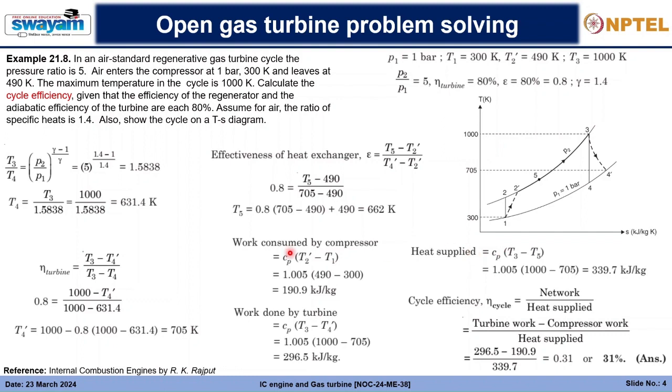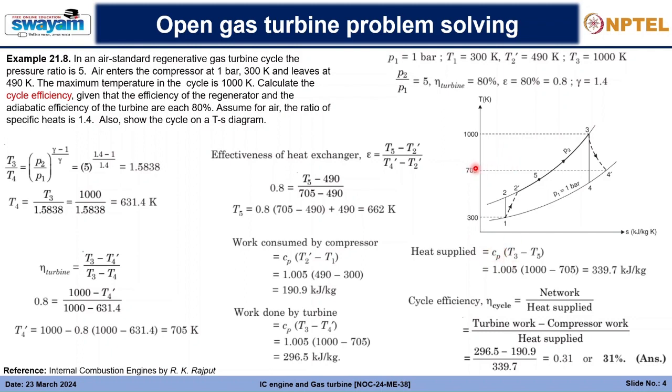And mind that here we are only given the specific heat ratio of the specific heats for only air, and we are assuming the specific heat capacity of only air. But in this process 5 to 3, we have to use the specific heat capacity of the combined gas.